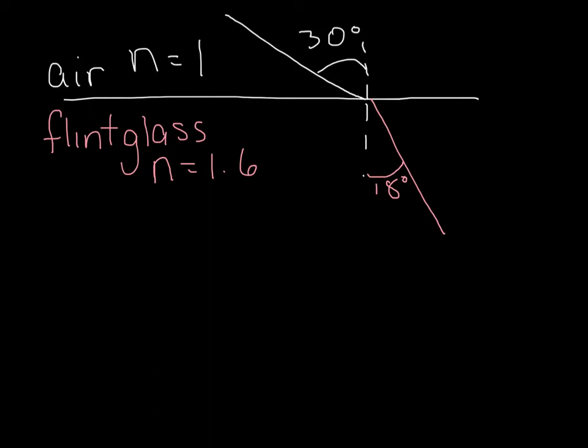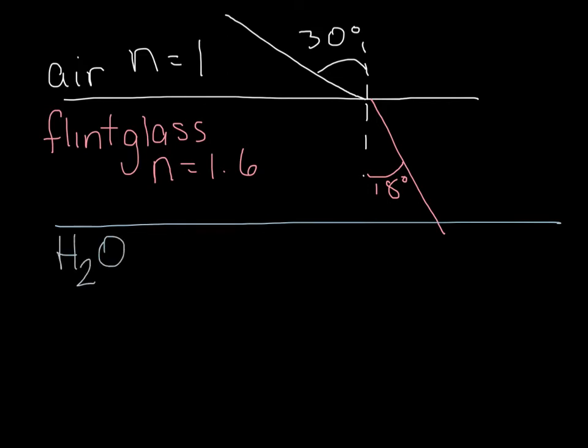Now that light beam continues traveling on, and it hits water. We know the index of refraction for water is 1.33. What else do we know? Well, we know from geometry this angle also has to be 18 degrees.